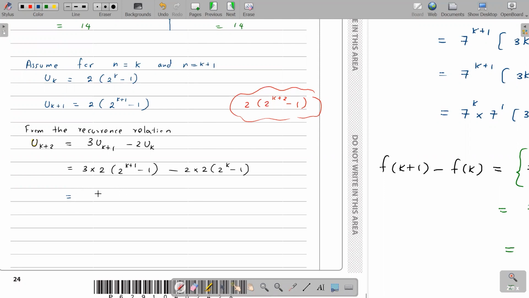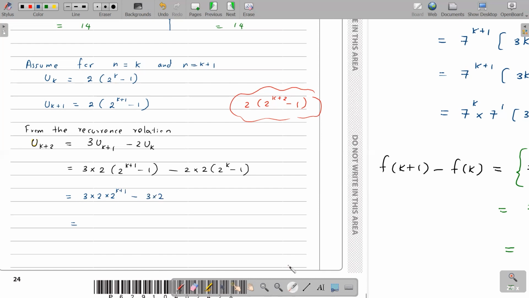How do we do that? This is 6 times 2 to the power k plus 1 minus 1. This is 4 times 2 to the power k minus 1. Actually, it's better if we keep it in terms of 2, right? Let's keep it as 3 times 2. Let's open 3 times 2 to the power k plus 1 minus 3 times 2.